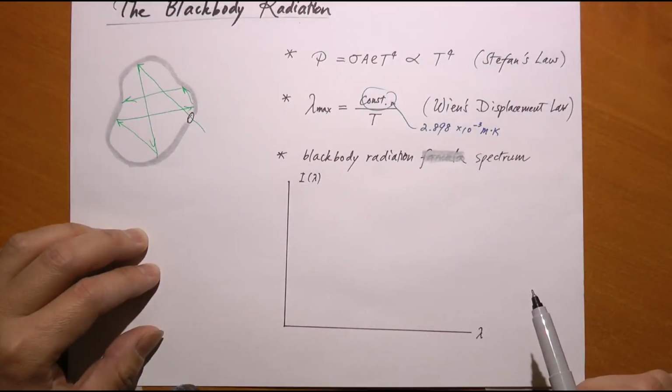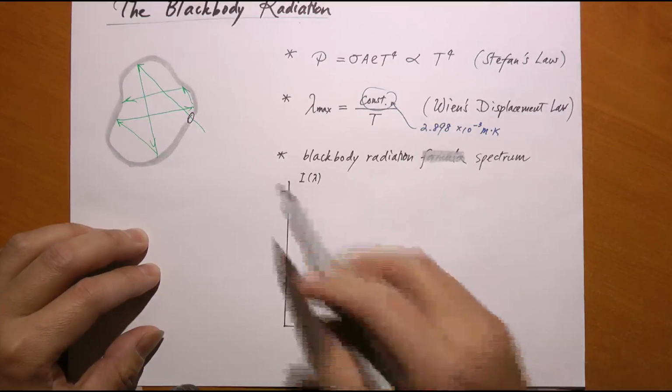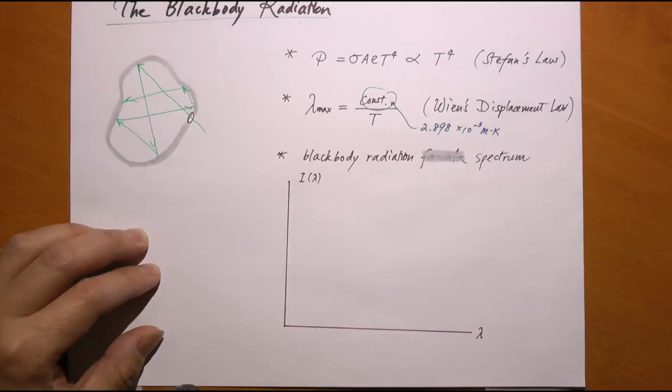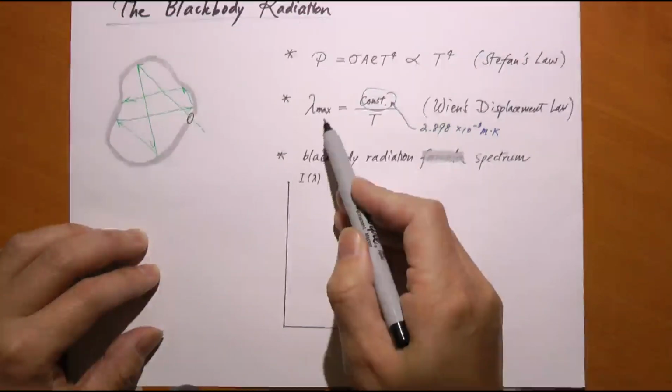Another prominent feature is that even though there are all kinds of radiation from the black body into the environment, all kinds meaning different frequencies or different wavelengths, the most prominent, the brightest, the strongest radiation happens at this wavelength.